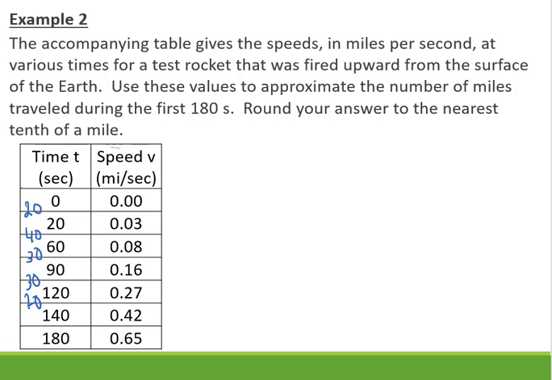So these are going to be my heights here. Okay, and my different speeds. Keep in mind, because these are different heights, I have to break this all out into a bunch of different trapezoidal approximations. So my first one is 1/2 times 20. Okay, 20 is my height. Base 1, base 2.